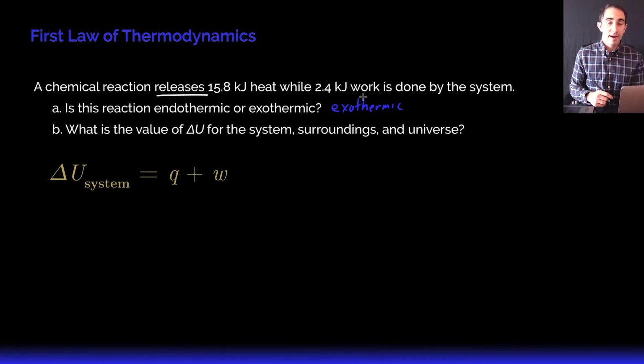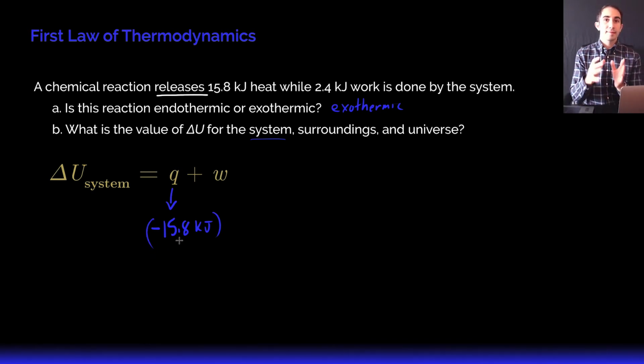And that is that the value of heat here, that 15.8, if I need to plug it into an equation, has to be negative. So if I'm looking at this and I want to answer question B, which is what is the delta U for the system, let's focus on that for now. That means Q is going to be negative 15.8 kilojoules.